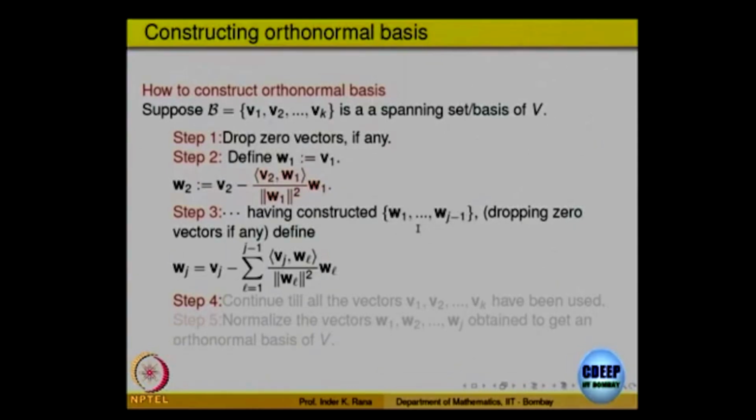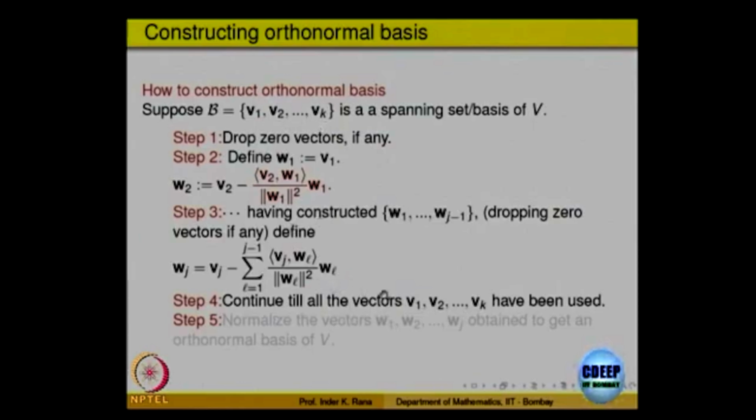Once you have reached this stage, look at the next vector vj from the given set and look at the projections of vj on each one of the previous ones. All these are removed. You will get a vector wj which is orthogonal to all the previous ones. Continue this process till you have finished all the vectors v1, v2, vk.